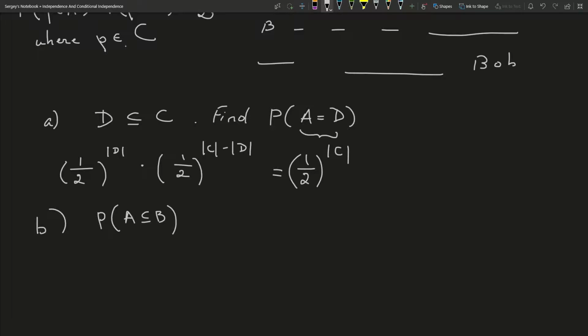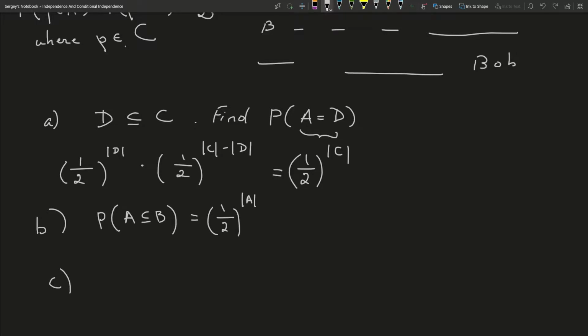So for a given person in the set A, the probability that they're also friends with Bob is 1/2, and these are independent of each other, so the probability that they're all friends with Bob is 1/2 to the power cardinality of A. So for every person in A, we want the probability that they're friends with Bob, and that probability is 1/2.